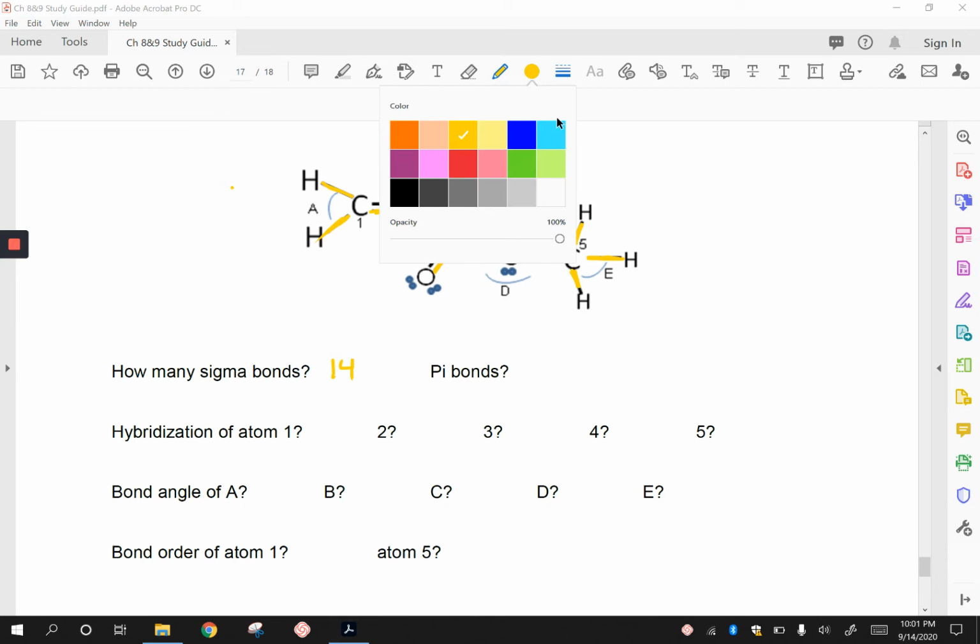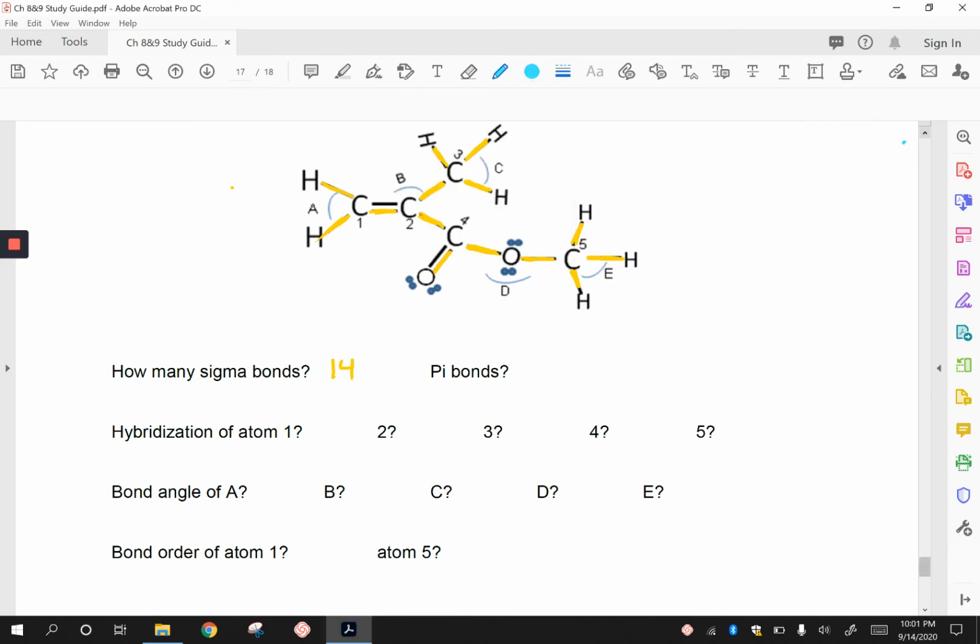Let's look at the pi bonds. So the pi bonds would be the second or third connection. So this one would be a pi, this one would be a pi. So it looks like 2 pi bonds.